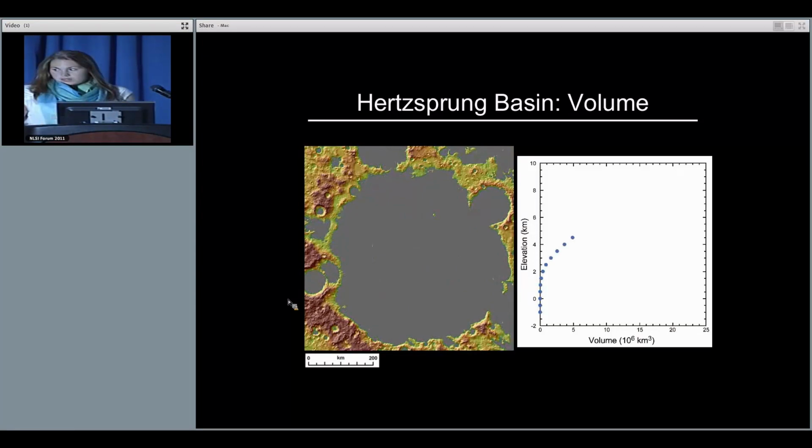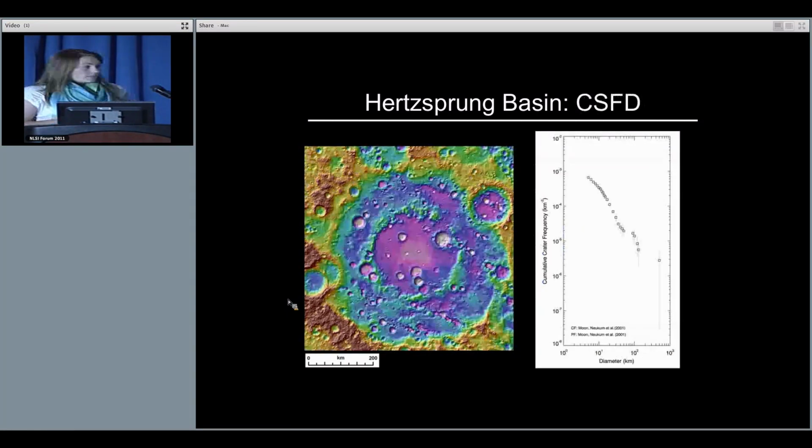And so what's really interesting in comparison to the crater size frequency distribution of the heavily cratered terrain is that it's got some unique features that occur due to the topography. Right here, in craters that are approximately 30 to 60 kilometers in diameter, you lose them before you lose most of the small craters.